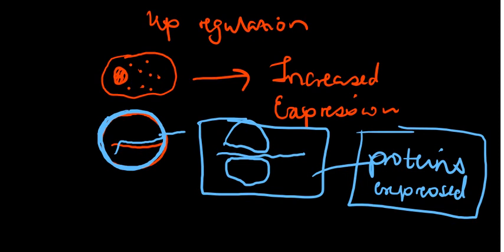However, when we look at down regulation, it's a process resulting in decreased gene expression and corresponding protein synthesis.